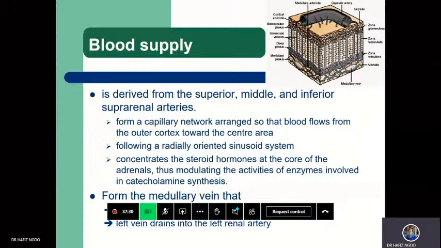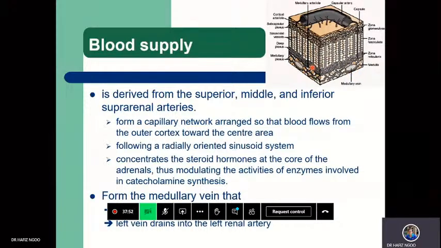So you can see that they branch into many, and then they supply the cortex. From there, there are also direct branches going down to supply the medulla. The medulla is also nourished by branches from the central vein.